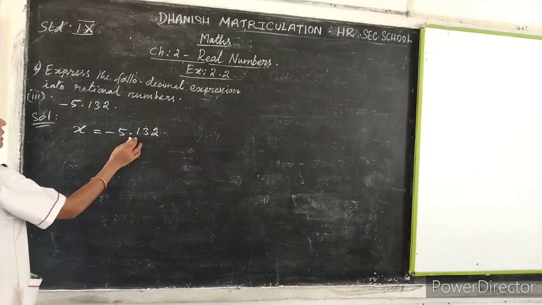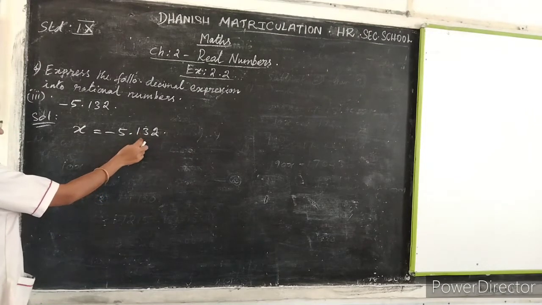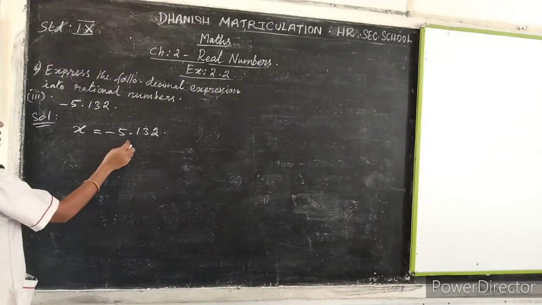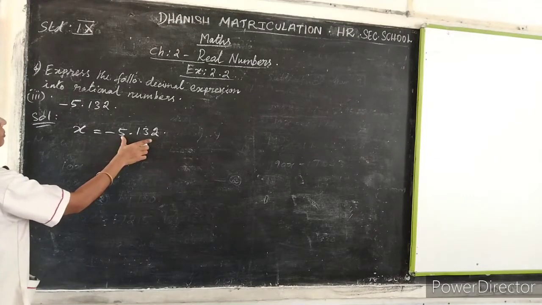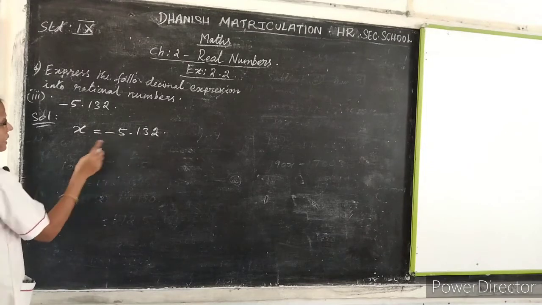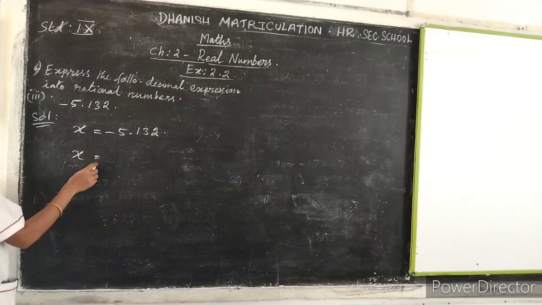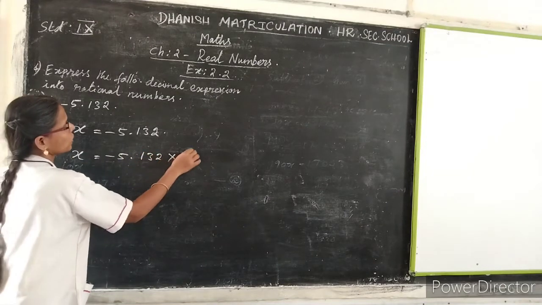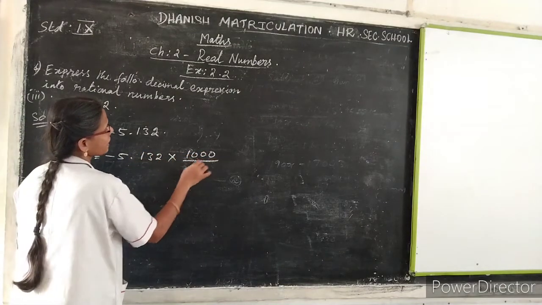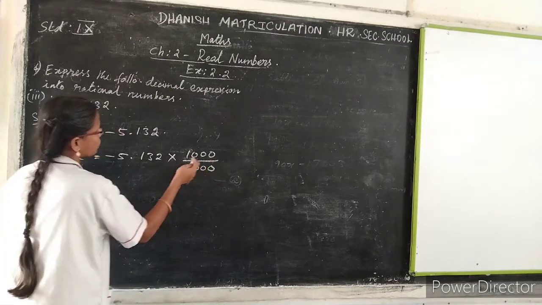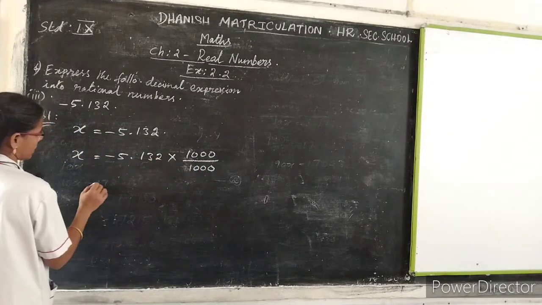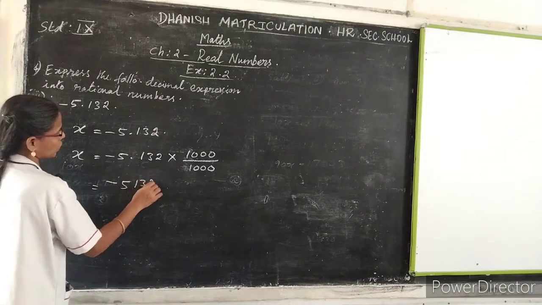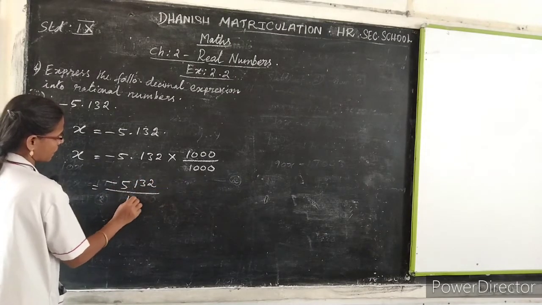Therefore, multiply this decimal by 1000 and divide by 1000 also. So 132 into 1000 divided by 1000 means this will become minus 5132 divided by 1000.